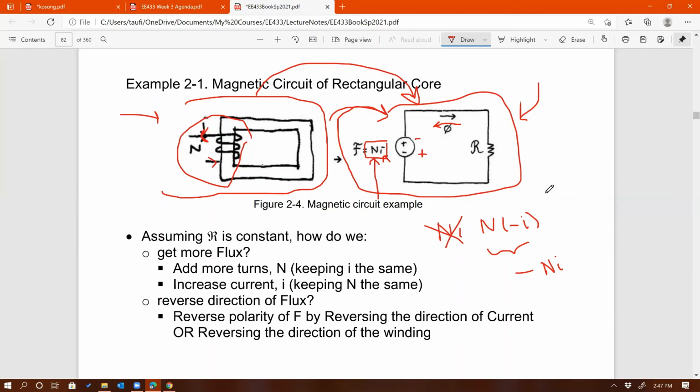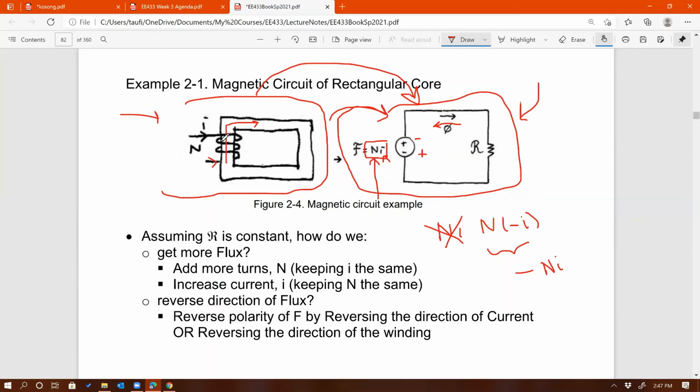Change the direction of your windings. Yes, changing the direction of the winding. By right-hand rule, if you look at the magnetic circuit on the left, the way we are winding the turn, the flux goes clockwise. But imagine if I do the opposite direction of the winding.